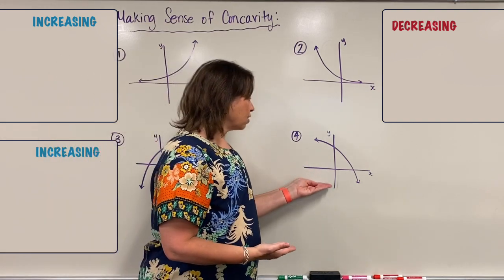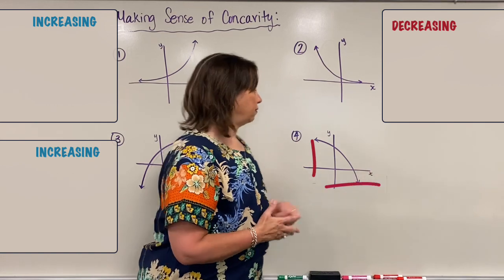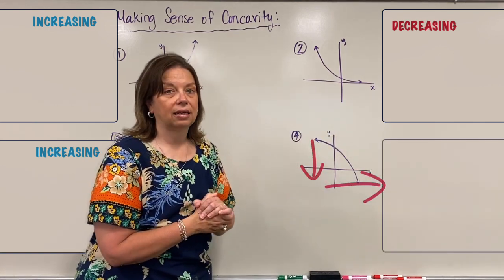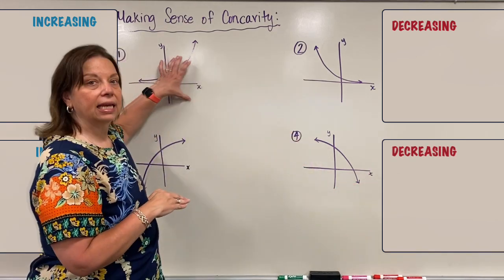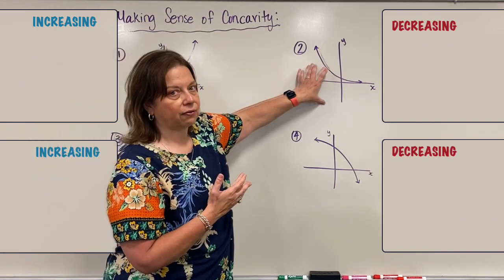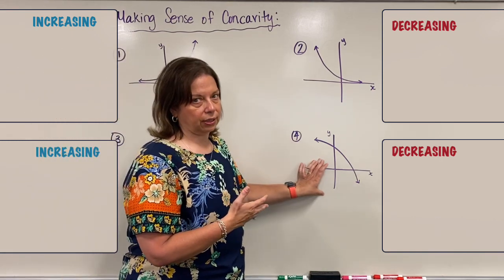My last graph, number 4, as X increases to infinity, my Y values are decreasing. So we have a decreasing graph. To recap, we have an increasing function, a decreasing function, another increasing function and another decreasing function.